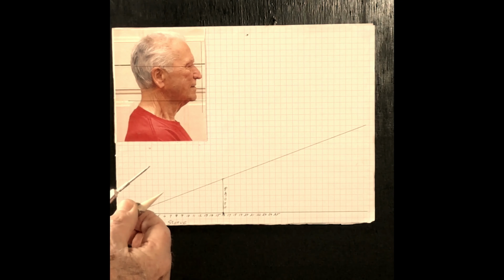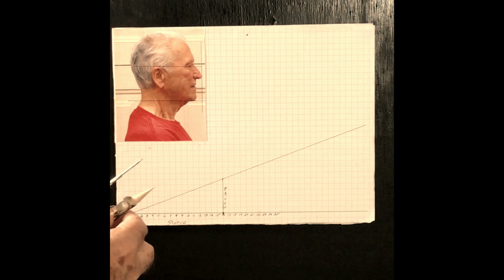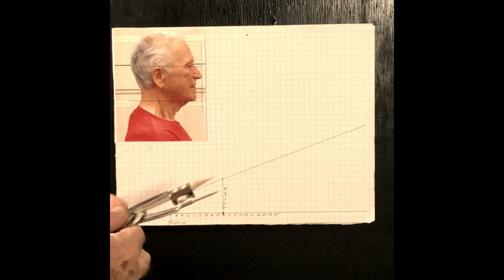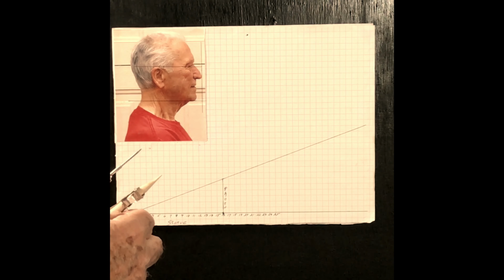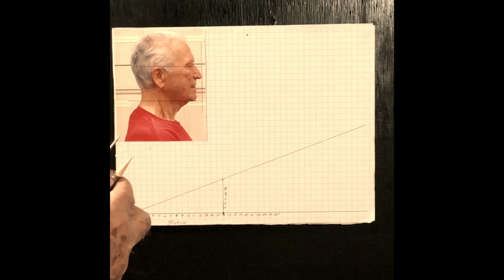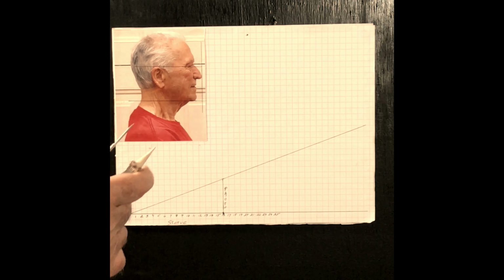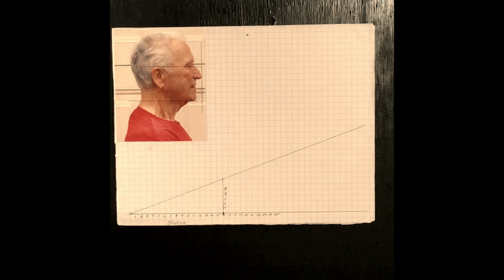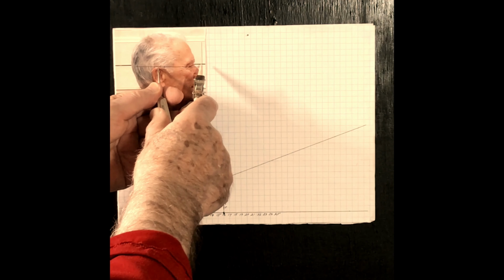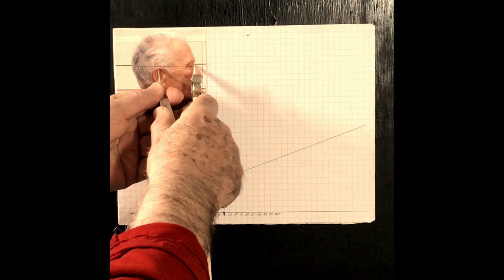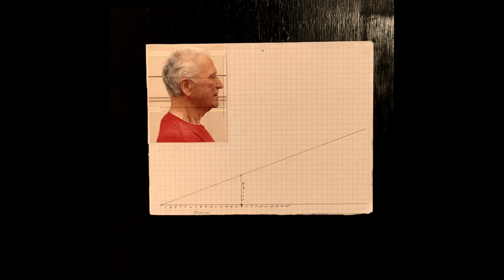At 5/16 of an inch, the dowel will fit exactly into the compass, and we can take the 2 ends, bring them together, come to our photograph, and take the measurement that we're interested in.